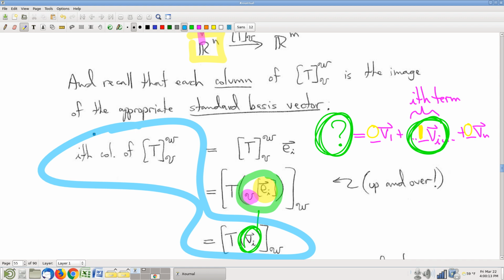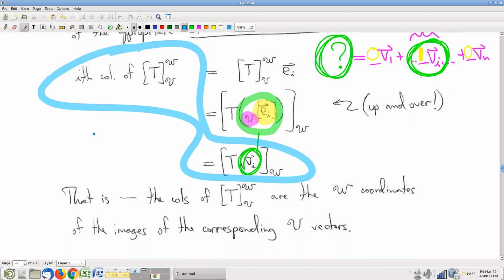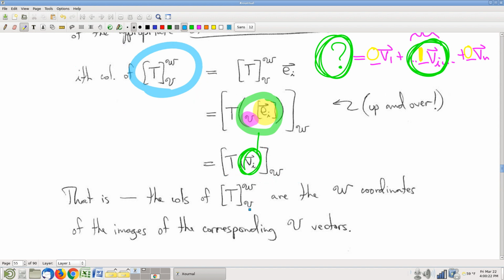So this matrix that we're trying to understand, we're going to take our input basis vectors, stick them into T, and whatever comes out of T, we write with respect to the output basis. So these go in there, and then we write the results in that language. Easy way to remember the process.